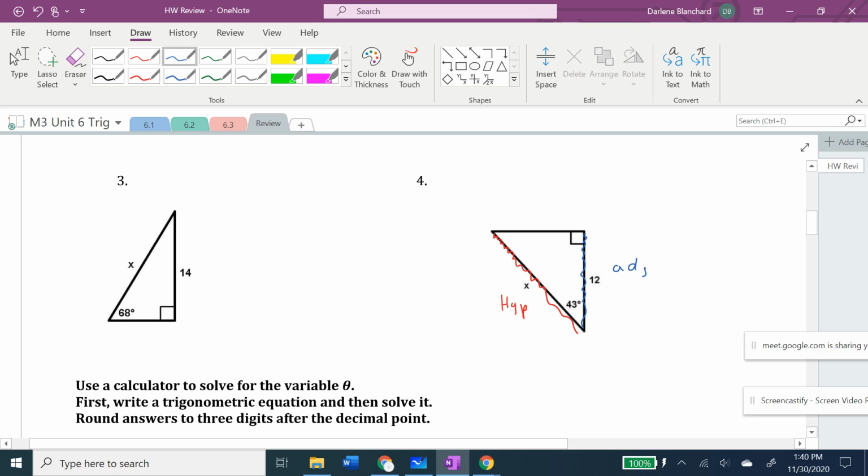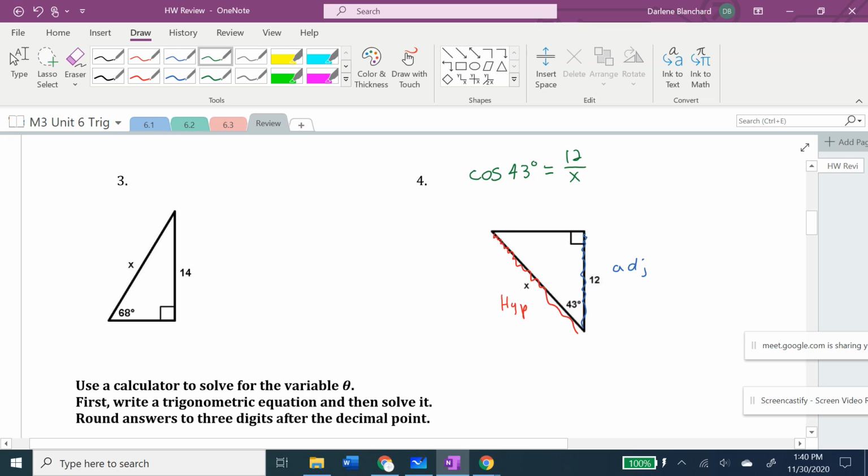So that's the adjacent side to 43 degrees. So which trig function will allow you to work with adjacent and hypotenuse? Cosine. Woo, you got it. So cosine of 43 degrees is equal to 12 divided by x.